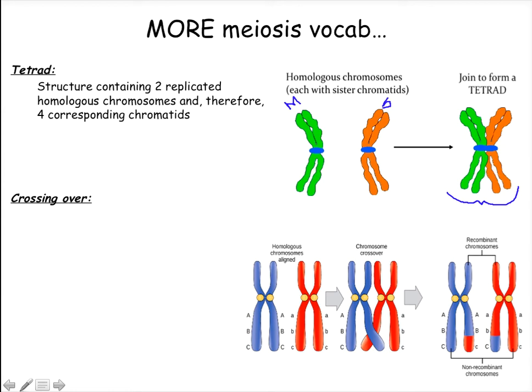In total, that makes 1, 2, 3, 4 chromatids, all associated with one another. We call that a tetrad because remember, tetra is a prefix for 4. So this structure, where you've got the two homologous chromosomes and their duplicates all pairing up together, is called a tetrad.